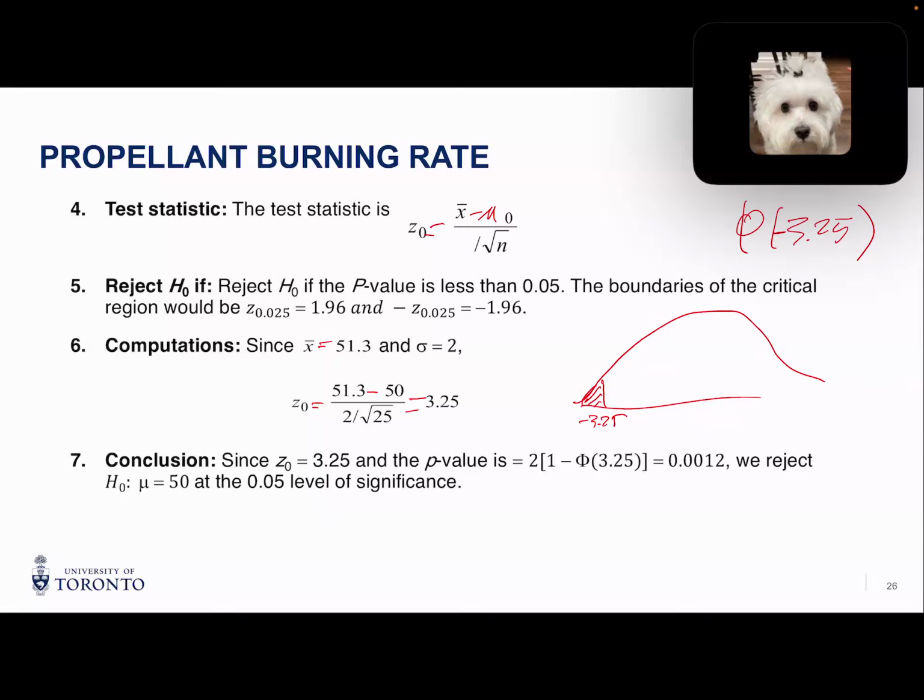Because there are 2 up there. Yeah, and I only get that left side, and I got to double it. Right. Good question, though. They did mean phi of 3.25, but it's fine. Again, symmetry. That gets you the same thing.